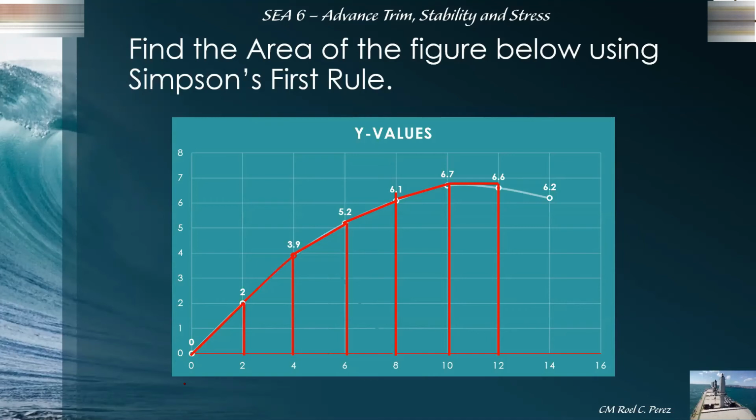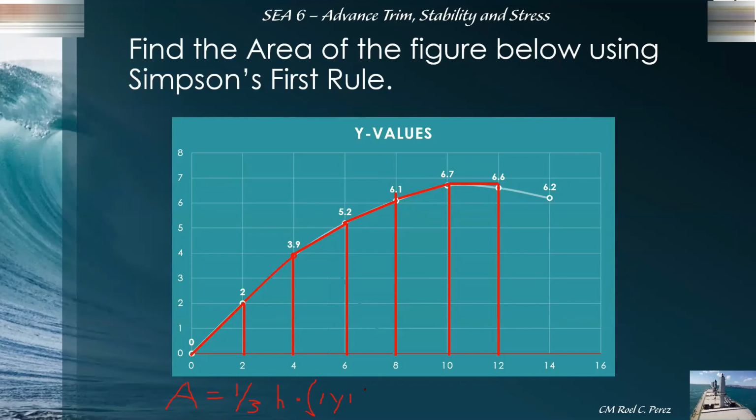Okay, so area is equal to 1/3 of H times 1Y1. It's 0, sir. What do you think? 0, okay good.